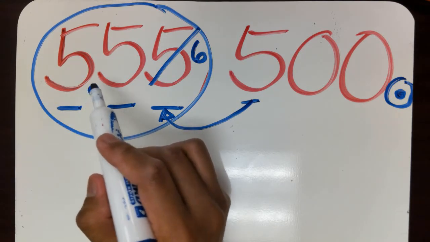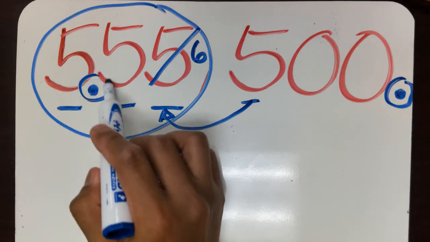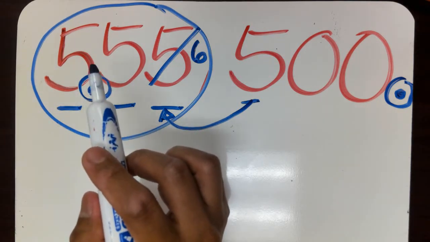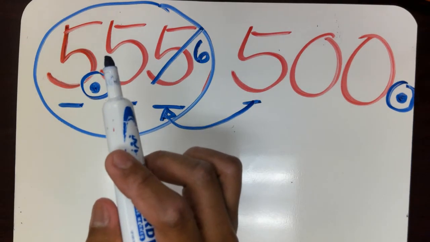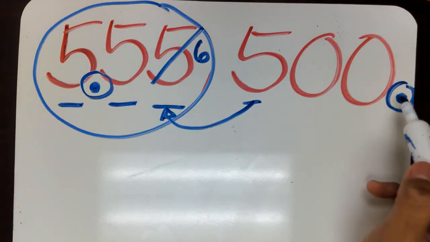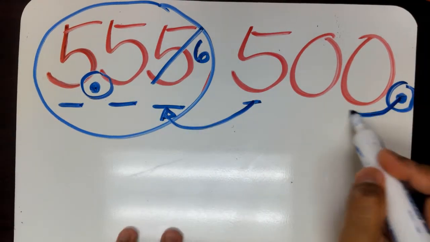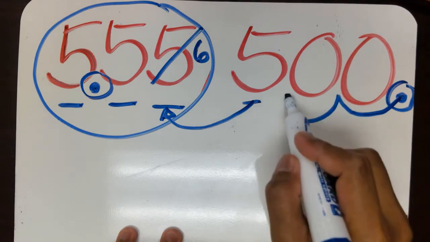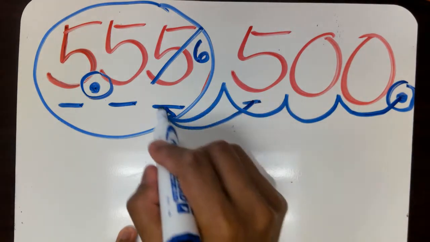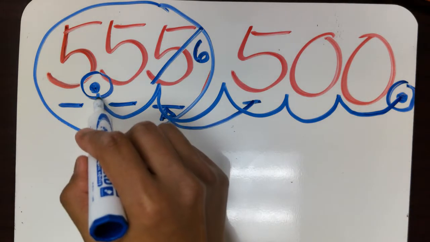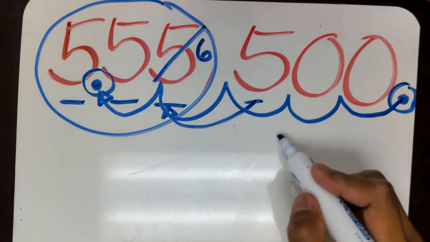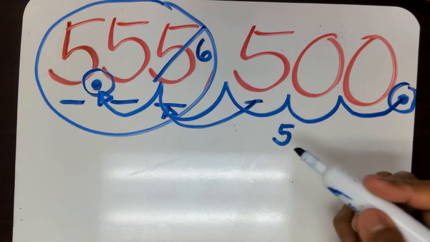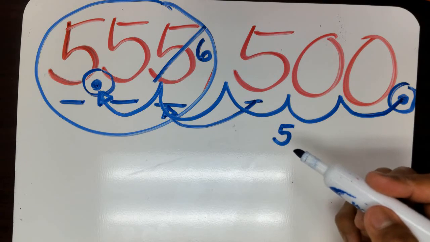Right? And after I identify the destination of my dot, I'm going to count now how many numbers I will skip. So that's going to be 1, 2, 3, 4, then 5. So I have moved 5 times. You write it below. I have moved 5 times.